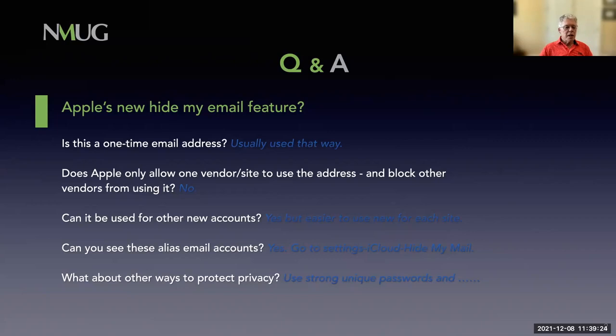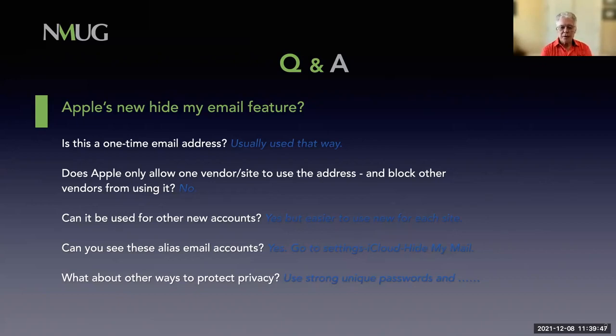Is this a one-time email address? Usually that's the way it's used. In other words, if you set it up for Adobe, you would use it for Adobe. And does Apple allow one vendor site to use the address and block others from using it? No, they do not.